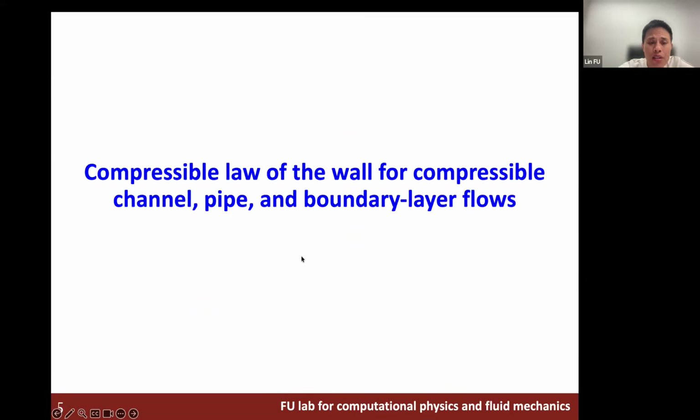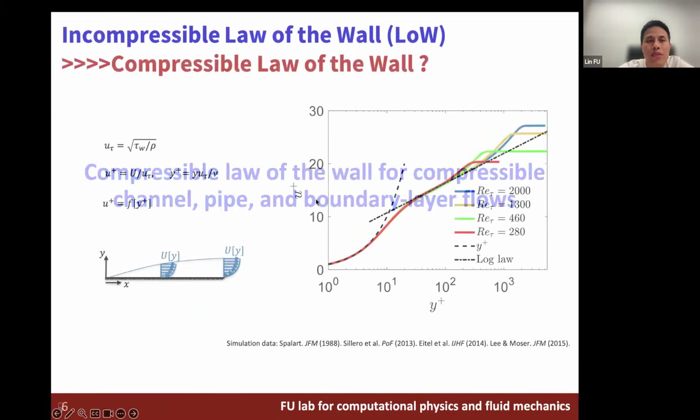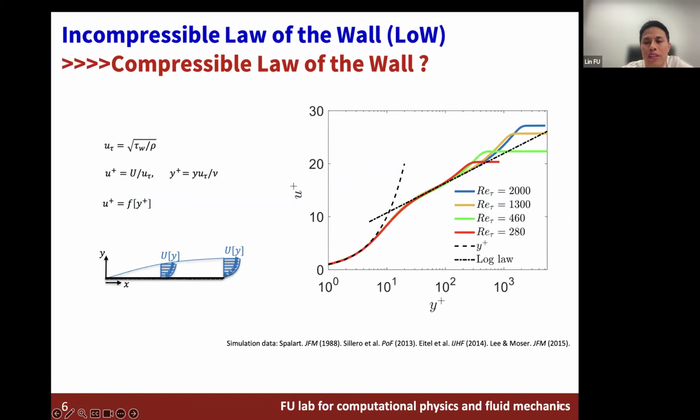Okay. So the first short story is about the compressible law of the wall for channel, pipe and boundary layer flow. I guess this plot is elementary for all of us from textbooks. For incompressible boundary layer flow, regardless of Reynolds number, if you have proper normalization, for instance with u tau as the velocity scale and the viscous unit as the length scale, you get u plus and y plus, and you plot them together.